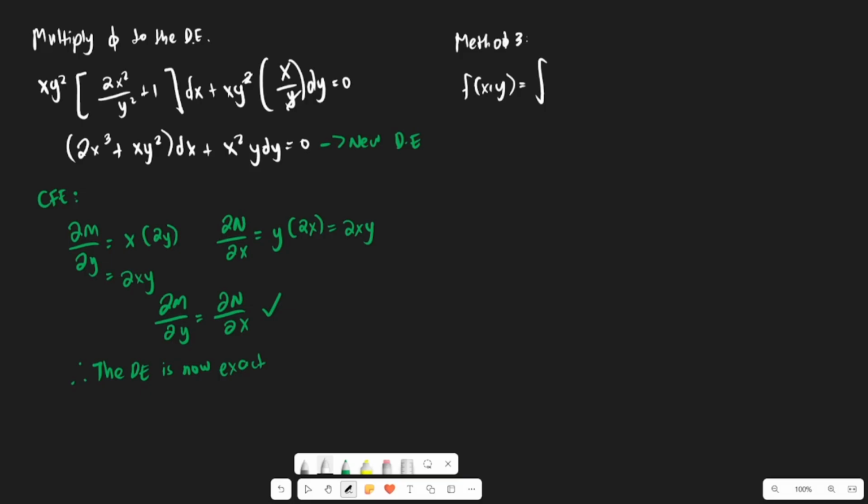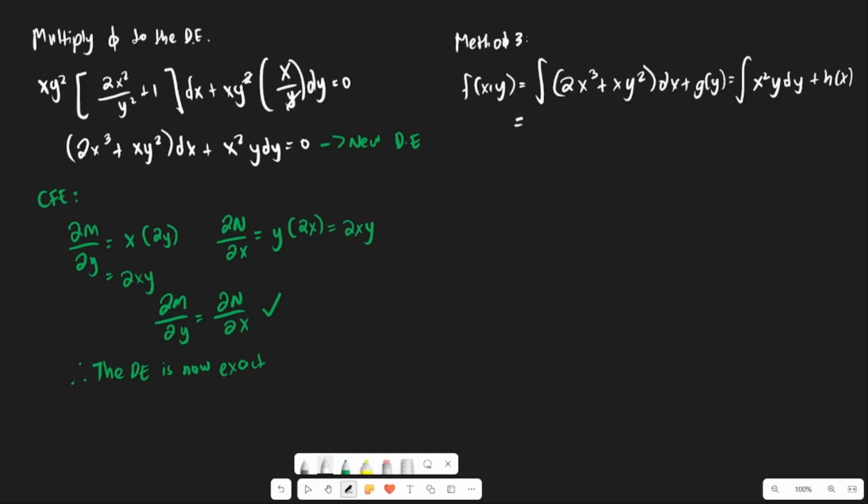So for m first, we'll have this part, the integral of 2x cubed plus xy squared dx plus g of y is equal to the integral of x squared y dy plus h of x.